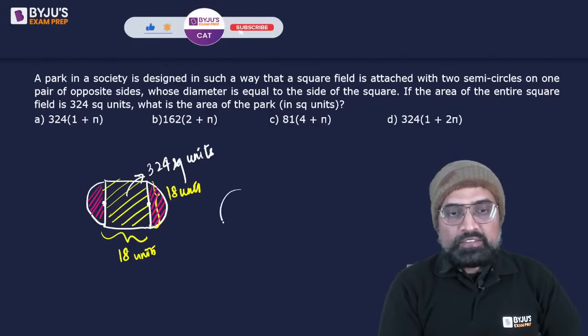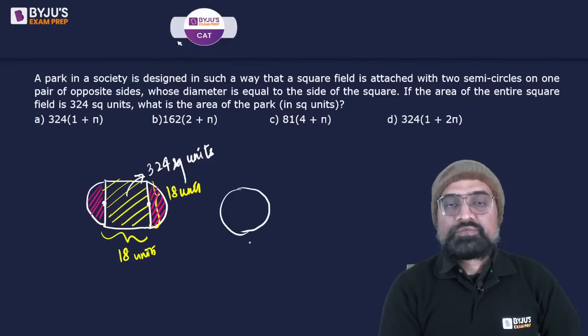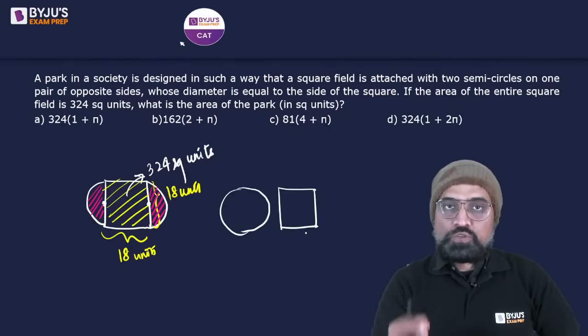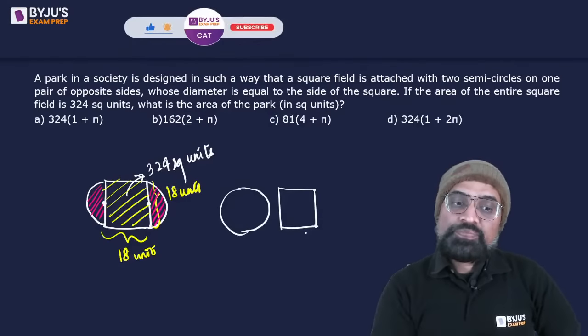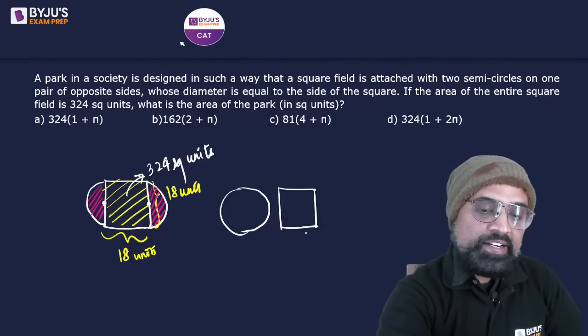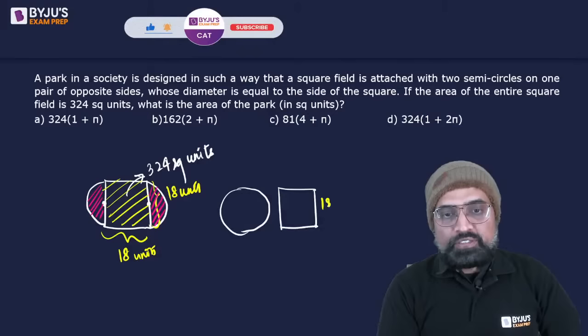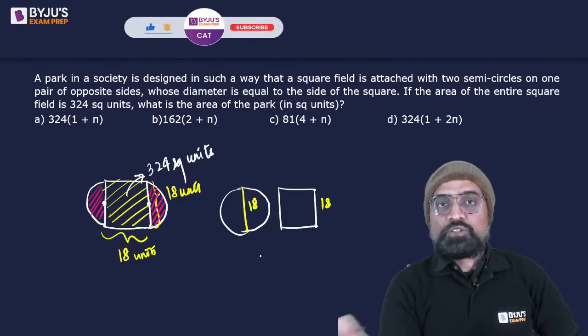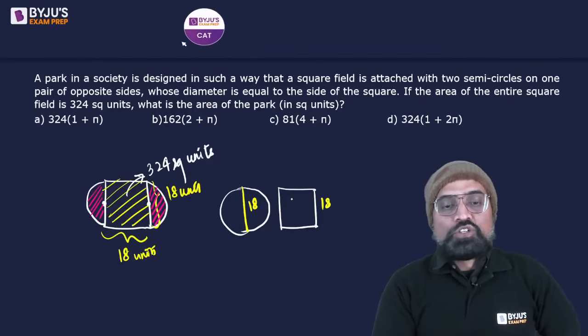We will get a circle, and we will get a square. That's what the park is made up of, a square and a circle. The square has the side 18 units, while the circle has the diameter 18 units, because that's how they were stuck.